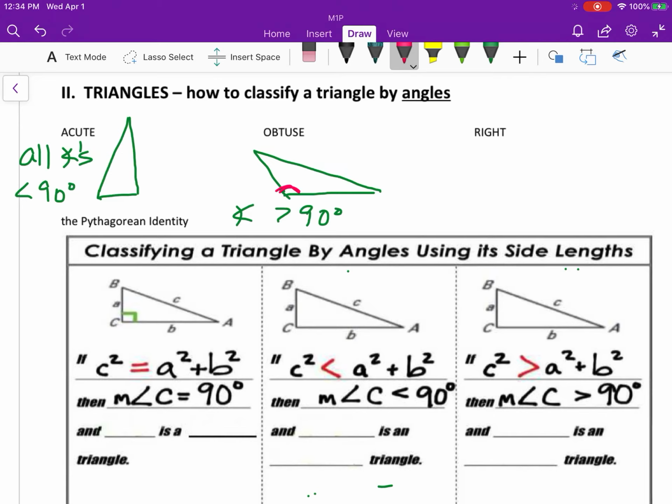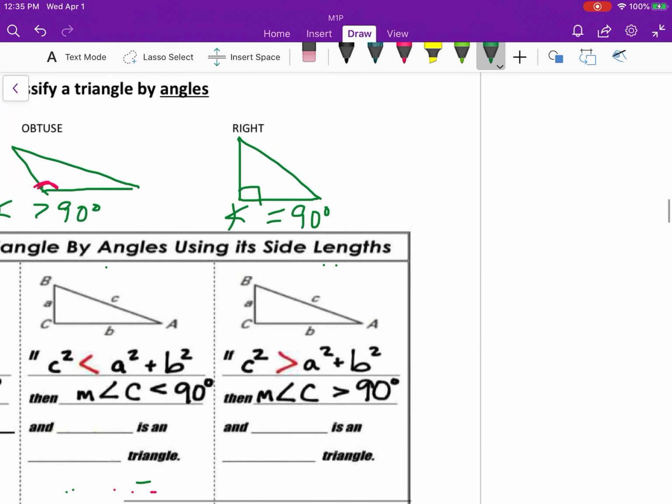Again with the acute, that is less than 90, less than 90, and less than 90 the way I drew it. And then, of course, your right triangle has that little box down here showing you that it's got an angle that equals 90.